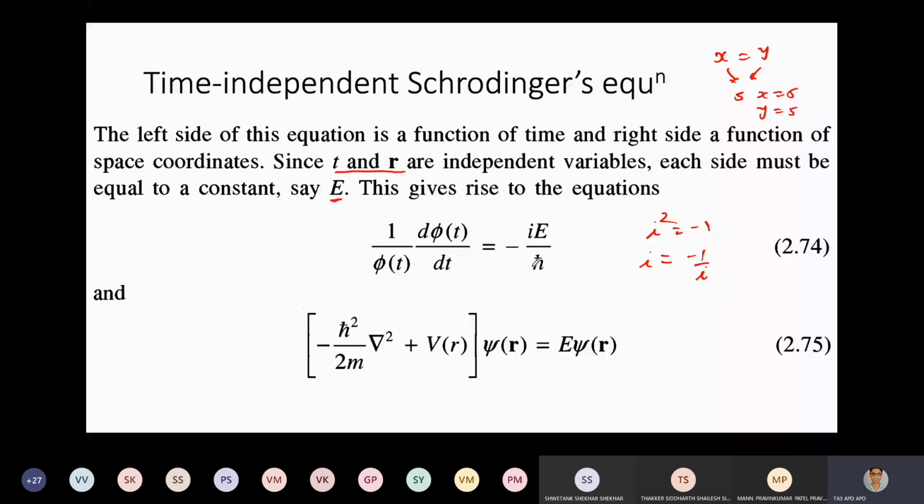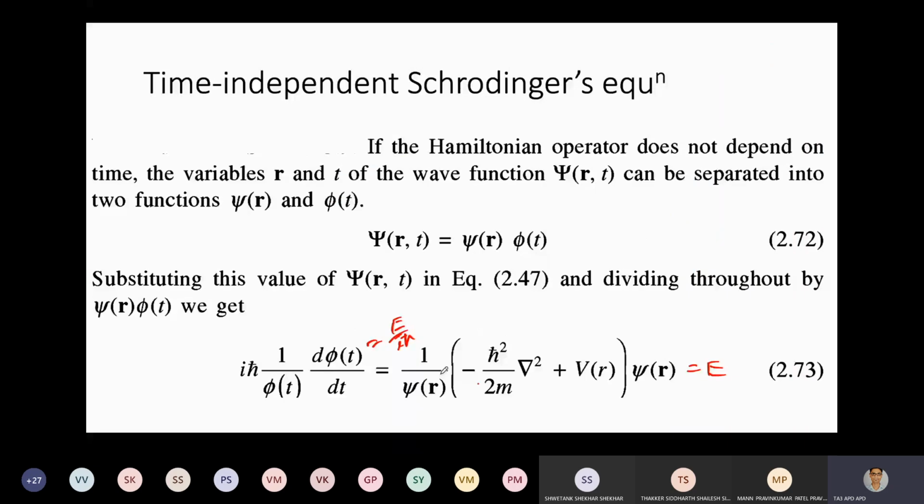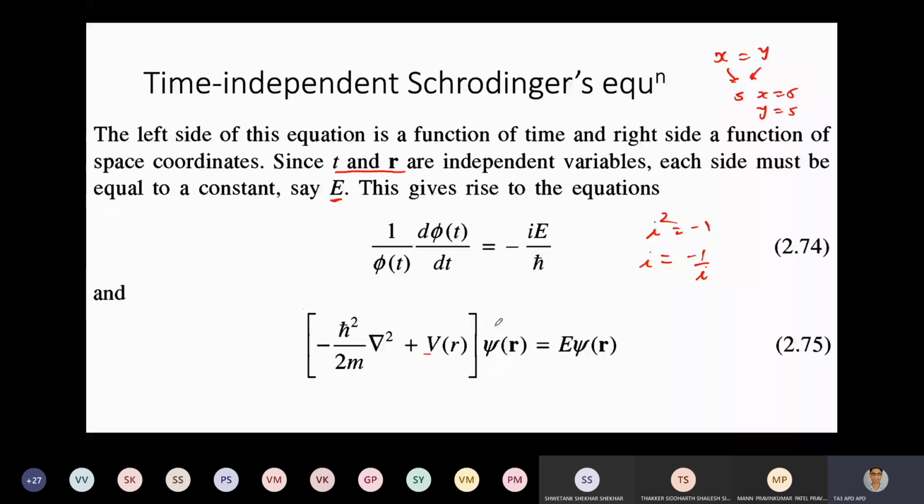So we get two equations now. If we look at this first equation, it is simple enough to solve, and if you apply the method of separation of variables, it is nothing but a simple equation like dy upon y is equal to some constant k into dt.